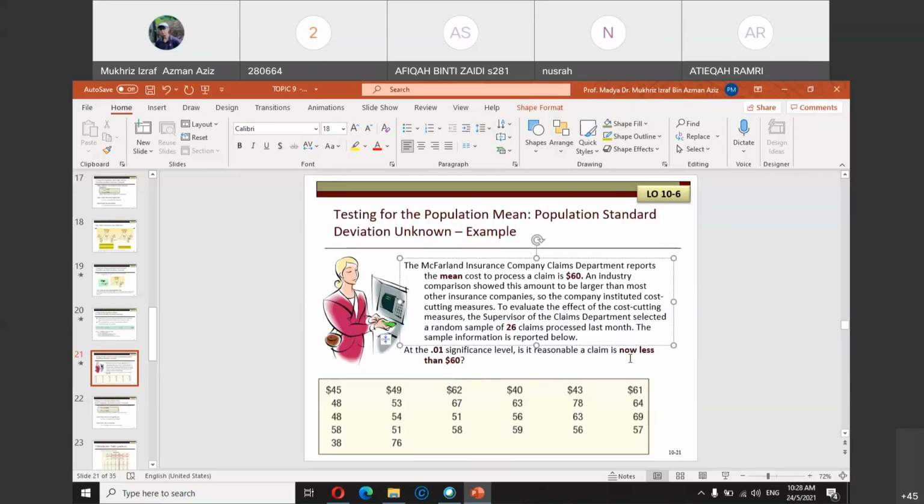So the word less means you are doing a one tail test on the left. This is how you are going to construct your H1. Because it is less than, your H1 will be this and your H0 will be more than or equal to. In this question, you are not given the mean and the sigma yet.